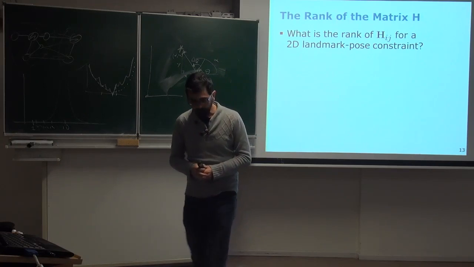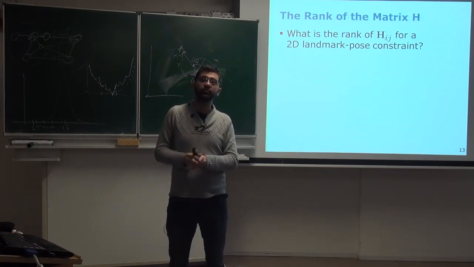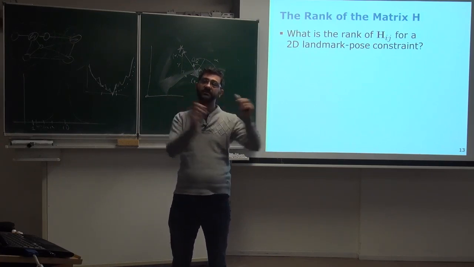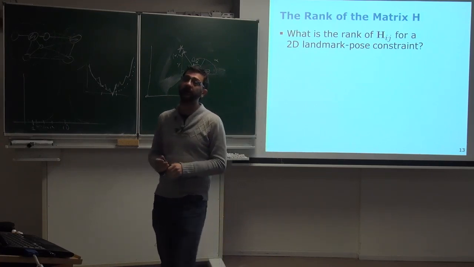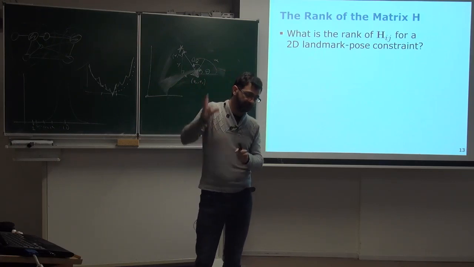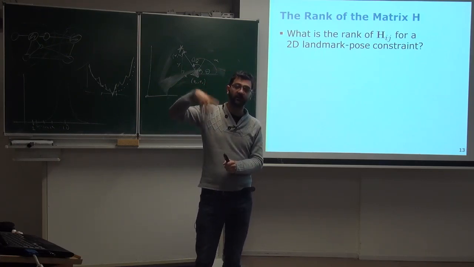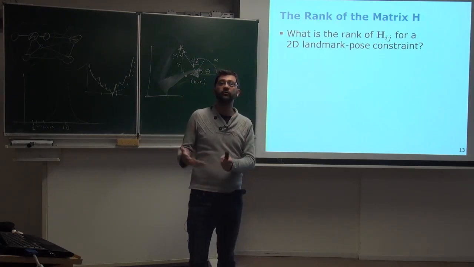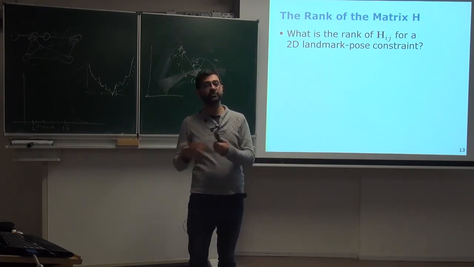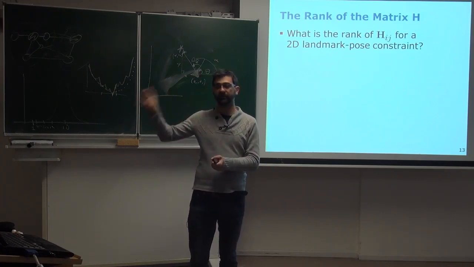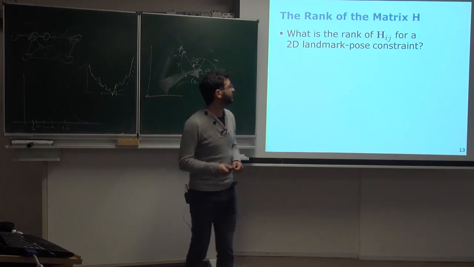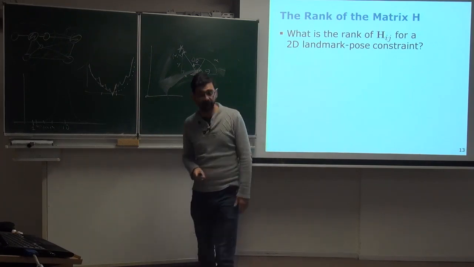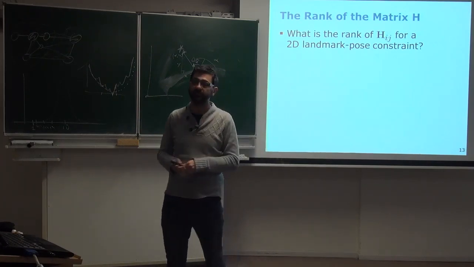For landmark-based, we should consider all possible combinations of all the different landmark measurements with all the poses to get an idea of why there is a rank deficiency in the Hessian, which is not possible unless you have all the data, and it's very computationally intensive. So there is a different way of doing this, but right now I just want to give you an idea of how the rank of the H for these 2D measurements looks like.